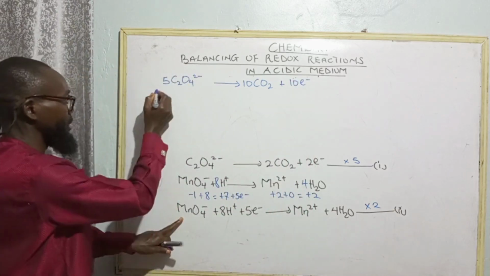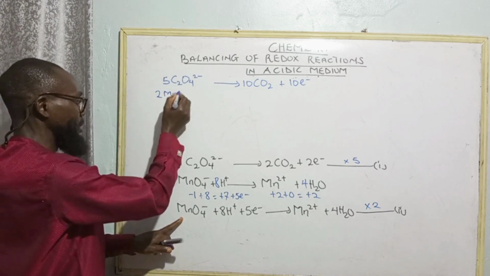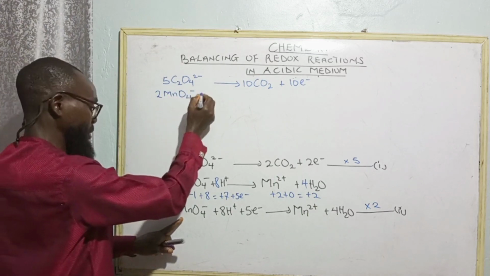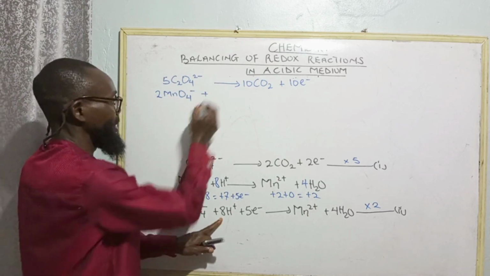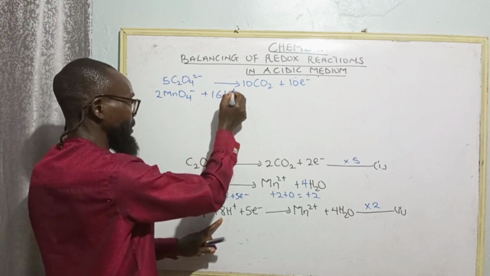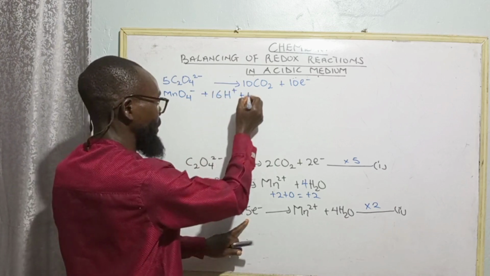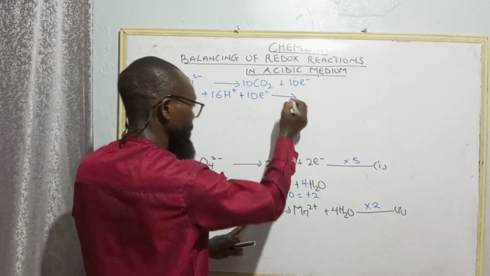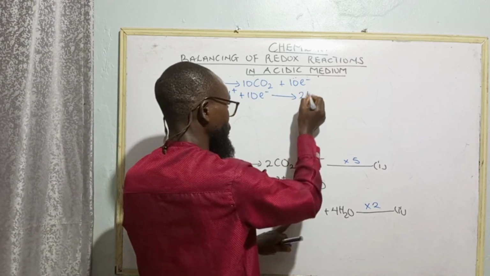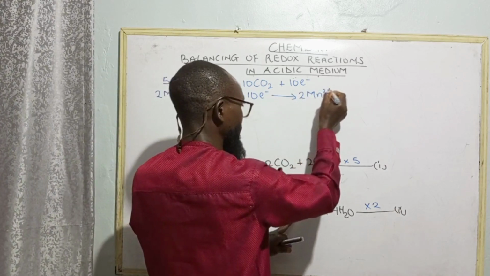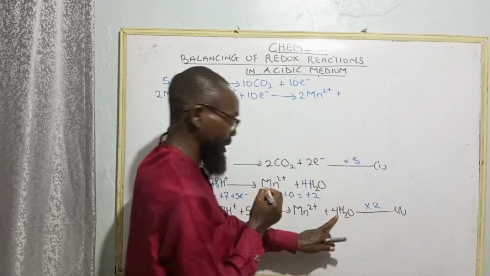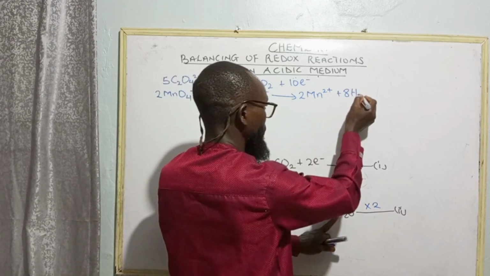Now 2 times this, 2 MnO4 minus plus 2 times 8, 16 H plus 2 times 5, 10 electrons to give us 2 times this, 2 Mn 2 plus 2 times 4, 8 H2O.